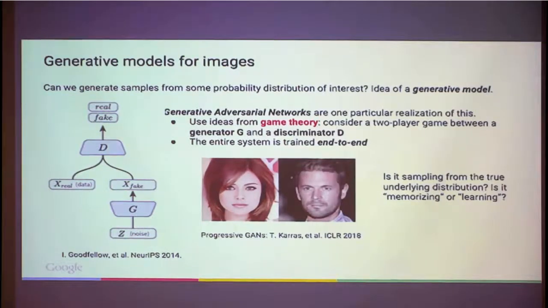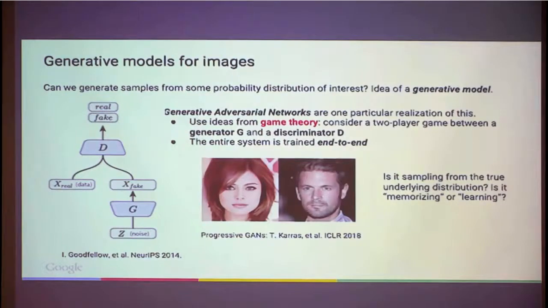For instance, these results are from something called progressive GAN, where they grow G and D in complexity as neural networks together. So part of what's hard about this training problem when you have something that's adversarial is that if one of them is from the get-go stronger than the other, then it tends to win and it doesn't give a chance for the other one to get better, to improve.